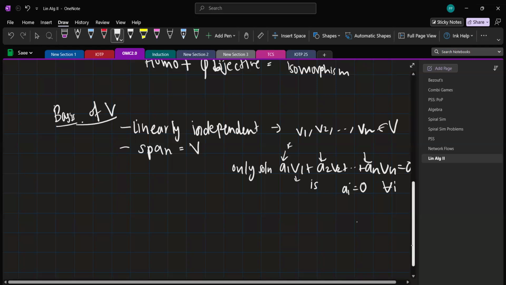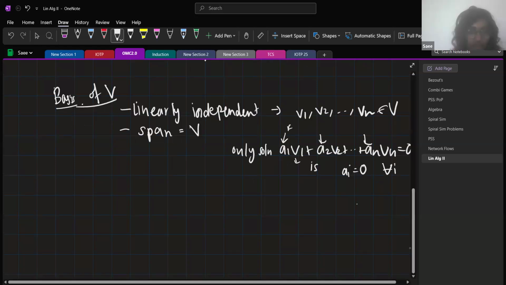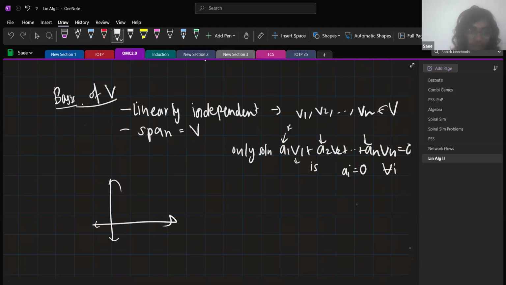Got it. So for example, consider the set of all vectors in R2, or all the two-tuples. A very standard basis for that is 0 comma 1 and 1 comma 0.